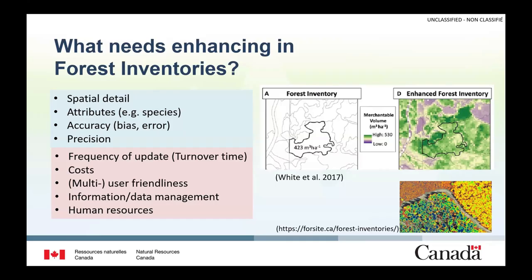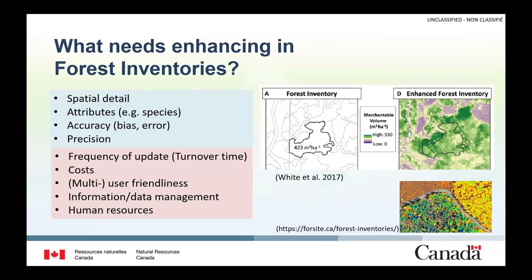We also would like to enhance the spatial detail of other forest attributes, such as topography or soil wetness, which can be useful, for example, for planning road construction. There's also an increasing desire to map other ecosystem characteristics in forest resource inventories, such as non-commercial species, soils, and carbon. There are a lot more stakeholders wanting forest information for various applications beyond timber management. So that's something to keep in mind.